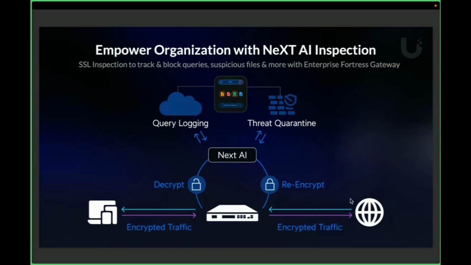And before it reaches that server, your Enterprise Fortress gateway is decrypting that traffic, performing queries on it. Maybe you want to block URLs, any type of domain, specific file types, and you want to apply this to a particular network, maybe just the guest network.